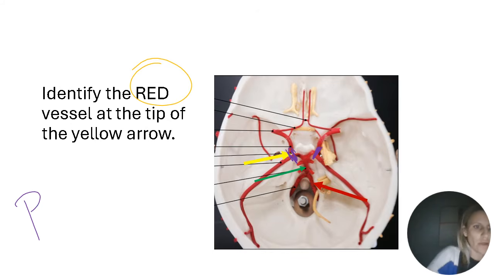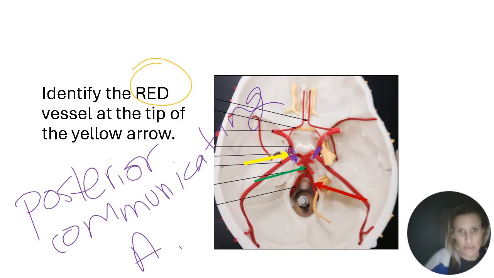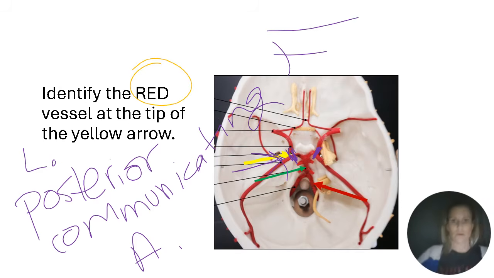Those are the posterior communicating arteries. Now I'm specifically pointing to this one, right? And that is on the left side. It's kind of difficult to know left from right from this view when you don't have the skull in front of you, but I know that this is the front of the skull here, this is the back of the skull here, so that is the left side.